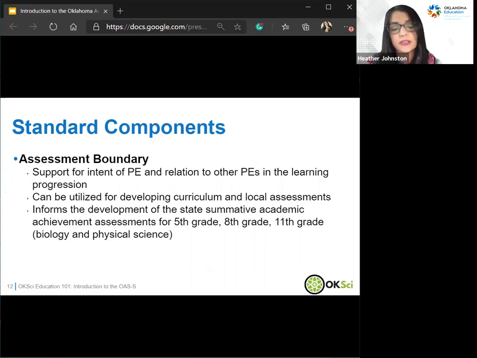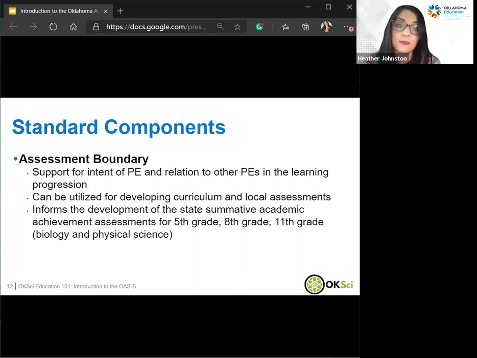These assessment boundaries can be utilized to develop assessments within the local context, because it helps you identify whether it should be a qualitative or a quantitative assessment, or even just the content that you should be including.